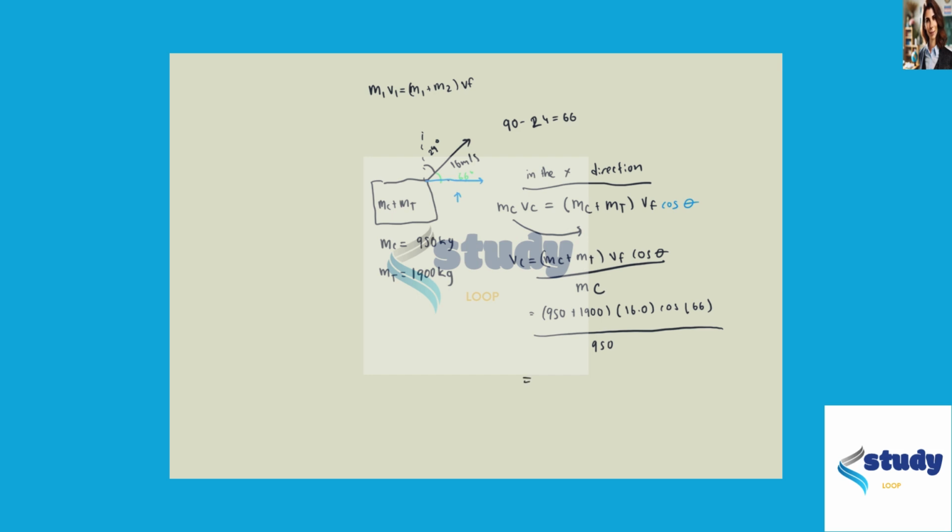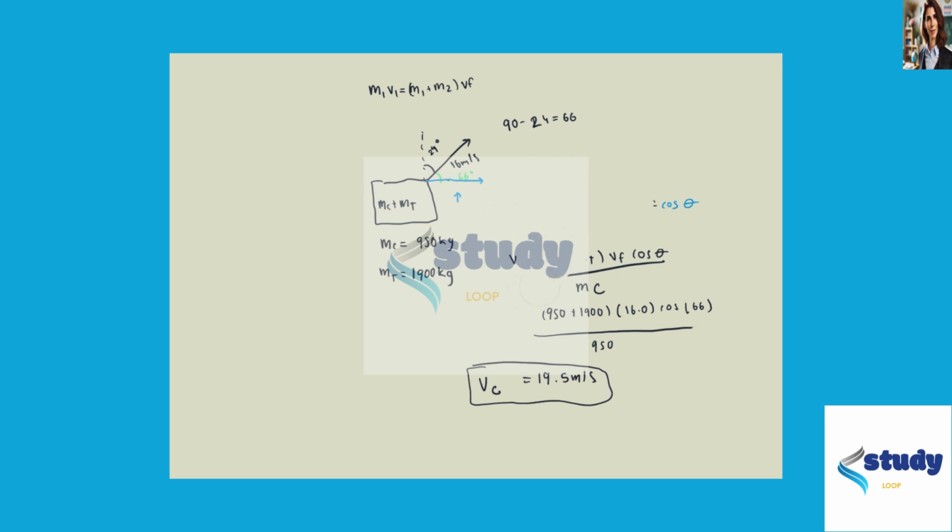And when I plug that into my calculator, I get 19.5 meters per second. So now we found everything in the x direction, which gives us the velocity of the yellow car. We now need to find the initial velocity of the truck.